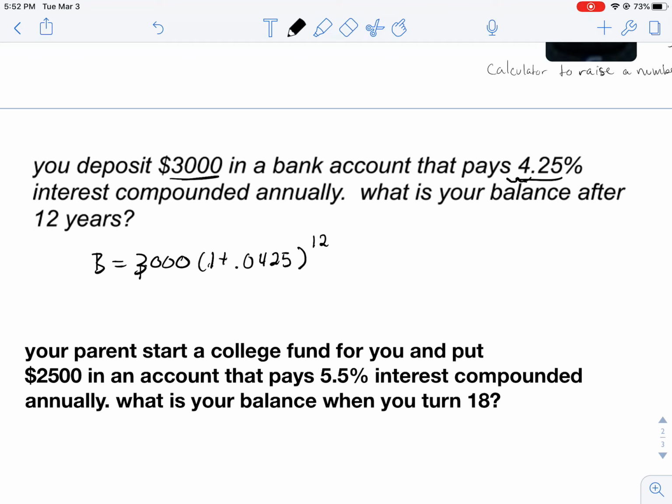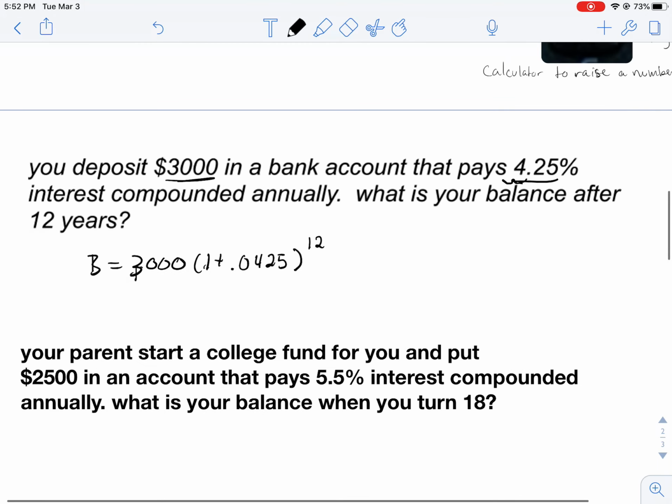All right, so now we're just going to plug this in the calculator. 3,000 times 1.0425, and that's going to be to the 12th power. Then this will kick out that B is equal to 4,943 and 49 cents. So once again, you're almost making $2,000 over 12 years.